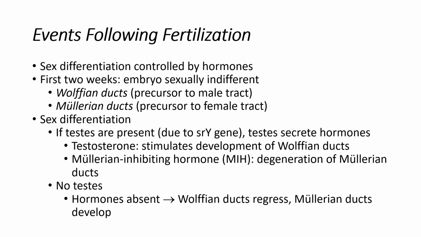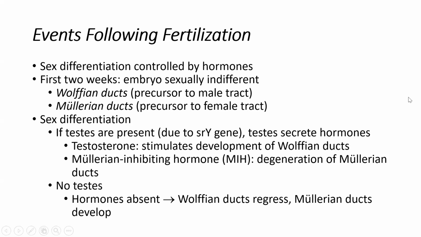If the testis determining factor is not there, then the Mullerian duct is what progresses. So it's kind of one structure that can differentiate depending on the influence of those hormones, the influence of that testis determining factor. And the Mullerian duct is the precursor to the female structures: the uterine tubes, the uterus, the vagina, etc.